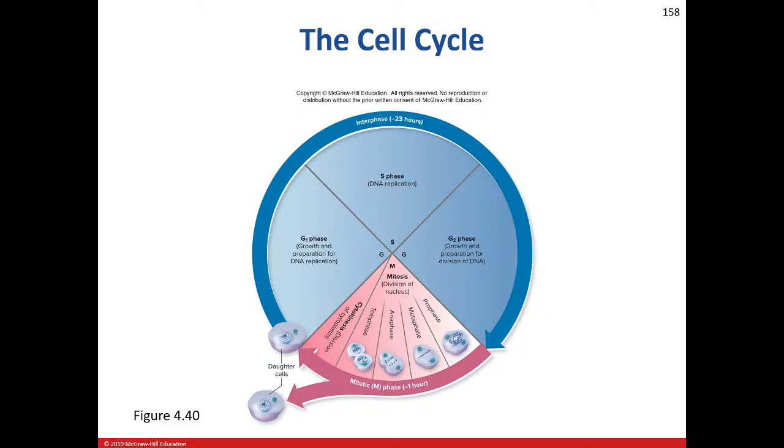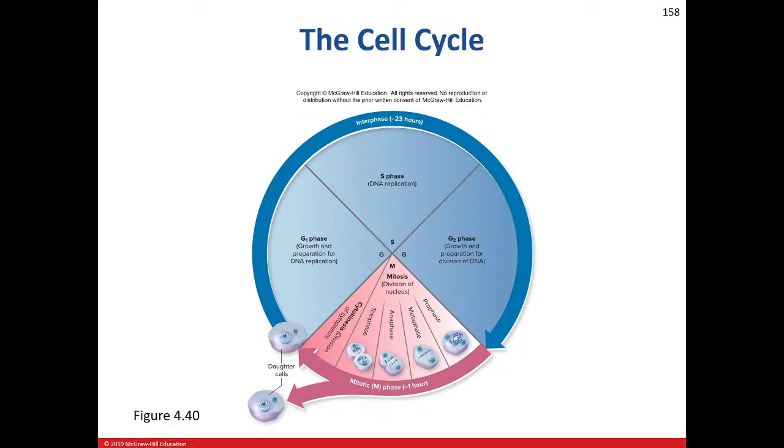We double the amount of DNA we have. And then the G2 phase is the second growth phase. We grow, we take on fluid, we grow in size, and then we prepare for division of the DNA. And this leads into the mitotic phase.